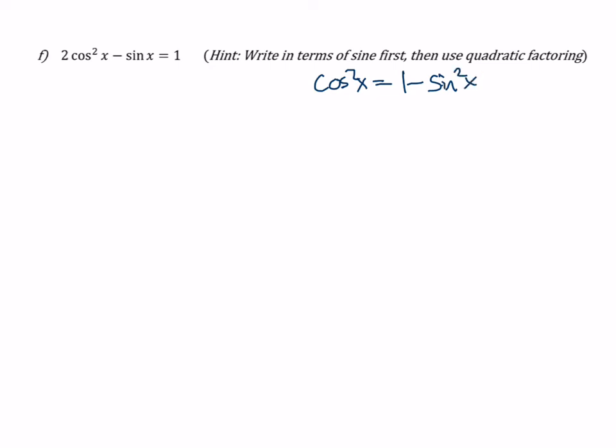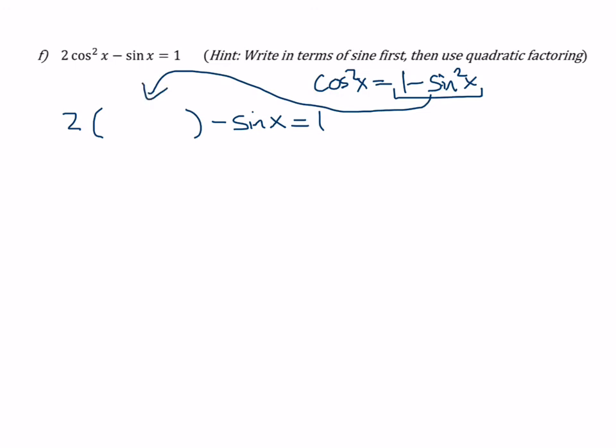All right, so let's try using that, and we'll replace cosine squared with this. So where we had cosine squared, we're going to put 1 minus sine squared of x. Do bring this x along. Don't forget the x, even though sine of x is kind of a package deal.